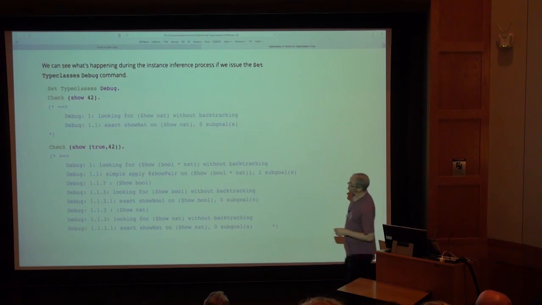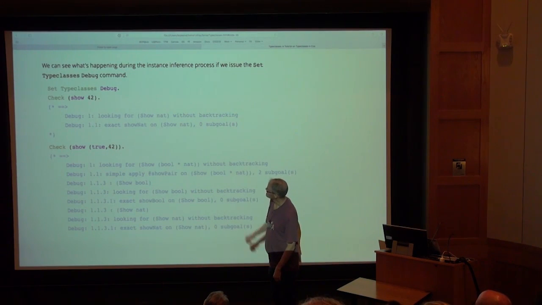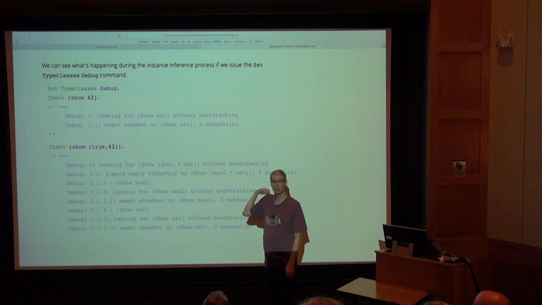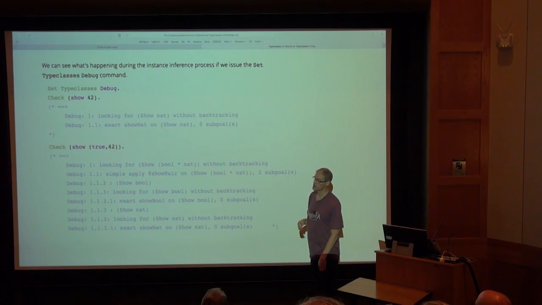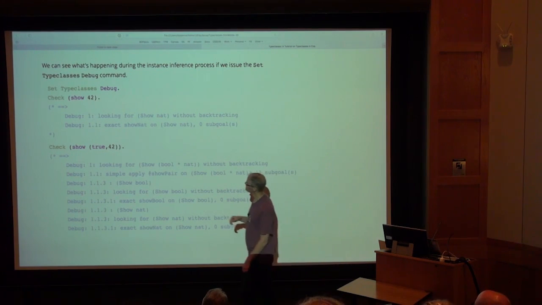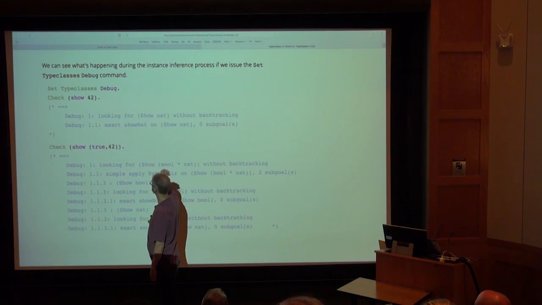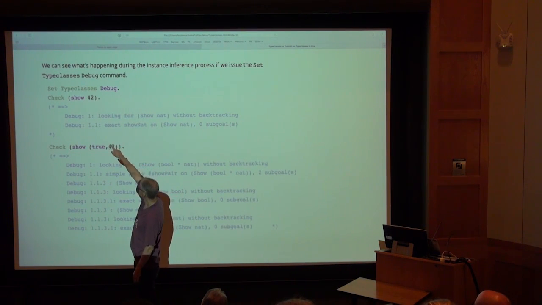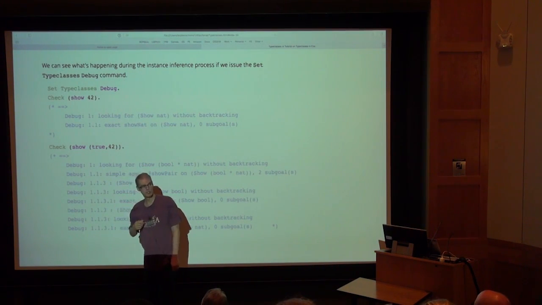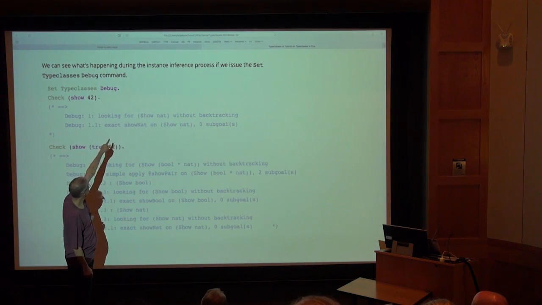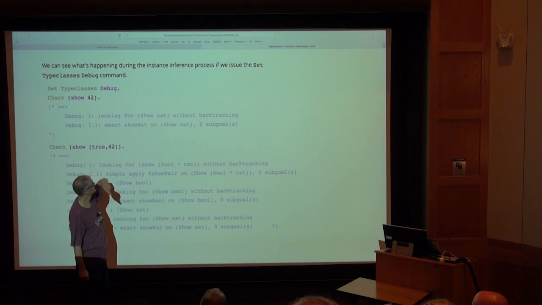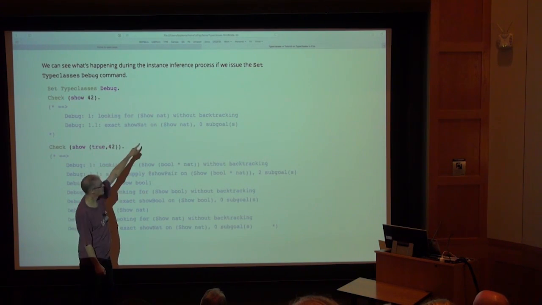And we can see what's happening if we turn on a switch called set type classes debug. You will be familiar with this switch pretty soon if you use type classes a lot, because this is the main way of seeing what's going on when type classes are not giving you what you want. So if we set type classes debug and then we try to find the type of show 42, we see a message that says we're looking for the show instance of nat, and oh, we found it.